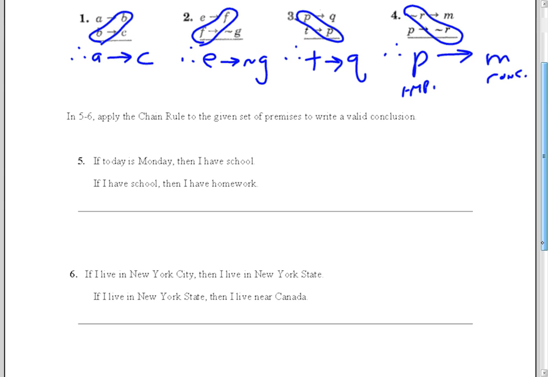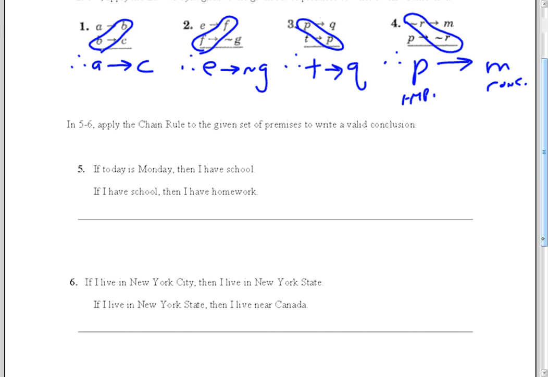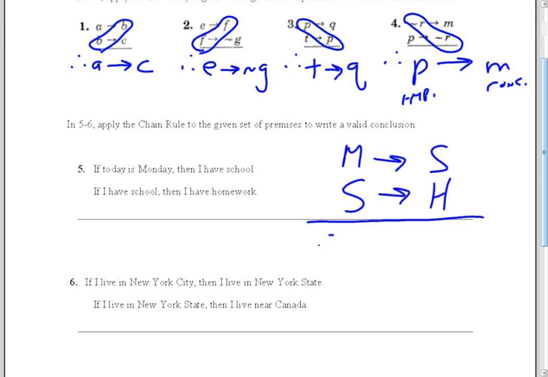Let's make up our own symbols. Monday means school. School means homework. Do we have a link? It's got to be from a conclusion to a hypothesis, or what results from that. M implies H. Well, what did that mean in terms of this?